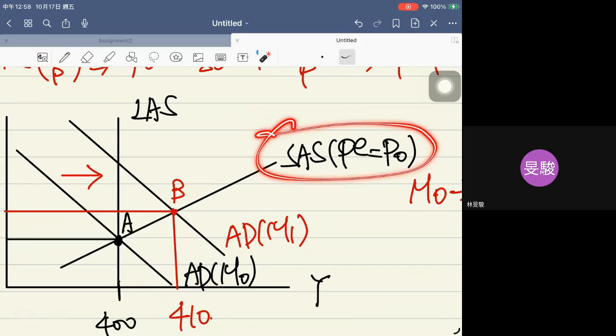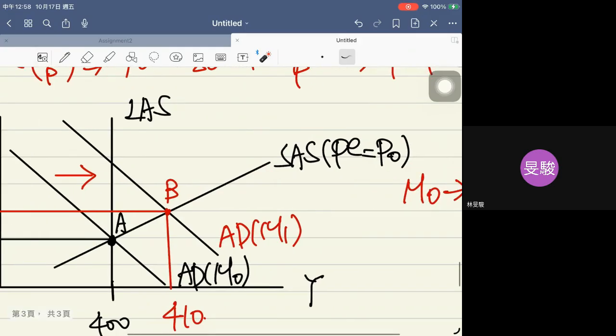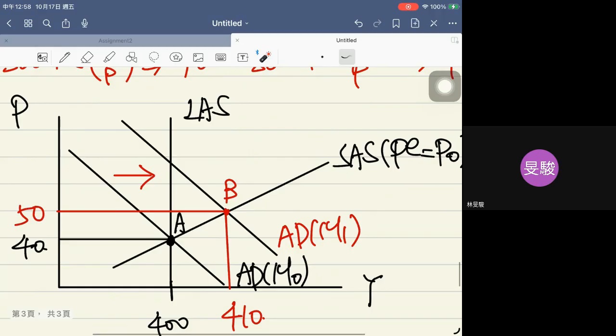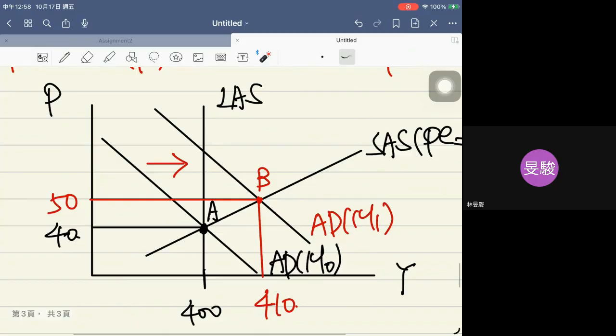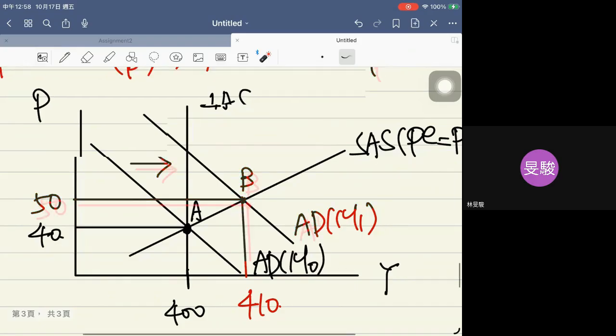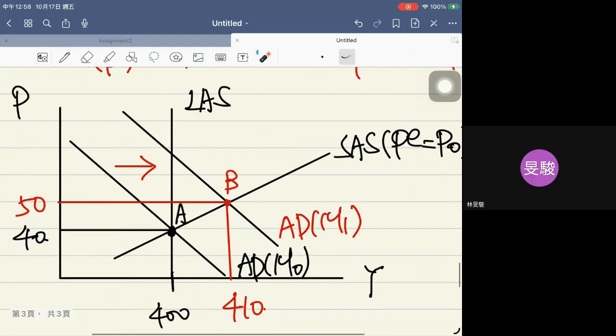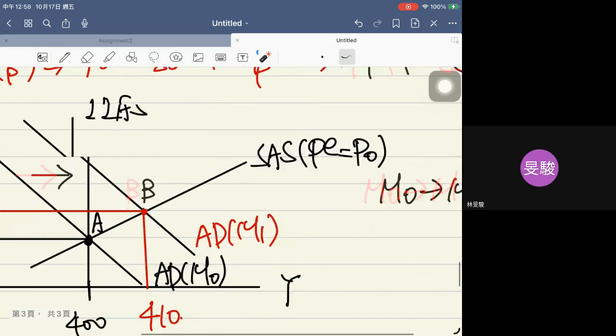Your expectation initially is 40, but the price level changes from 40 to 50. So you change your expectation and expect that the price level rises.